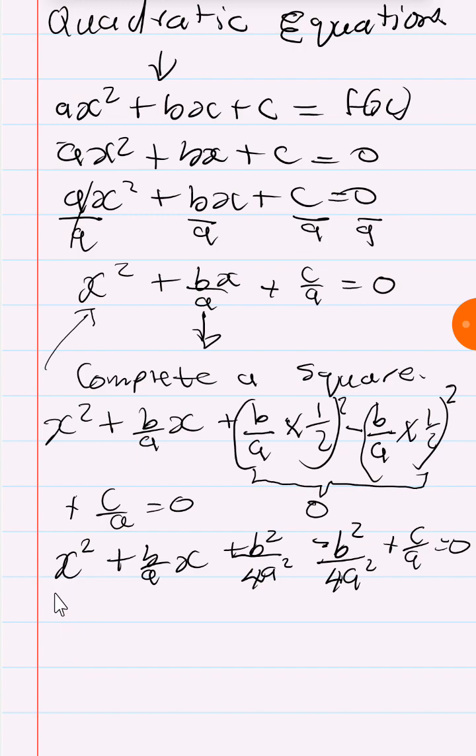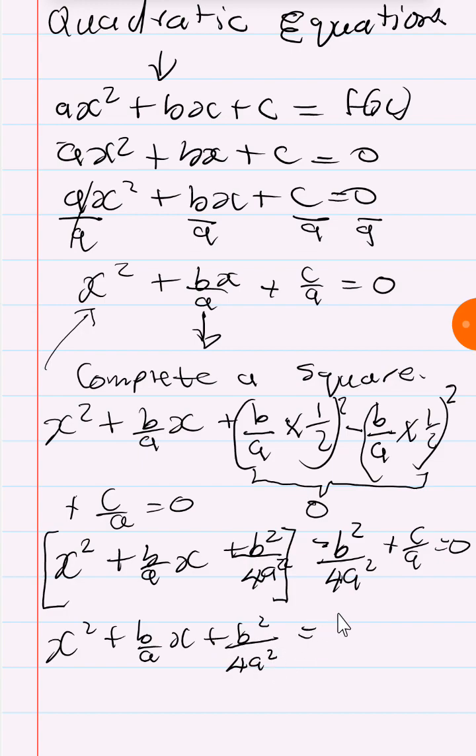So we treat this as an individual equation: x squared plus b over a x plus b squared over 4a squared equals b squared over 4a squared minus c over a.